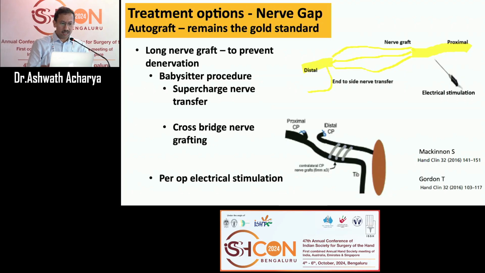More about that: when there is a long gap, we now know that there is the problem with the denervation of the distal segments. The new concept of the babysitter procedure has come up, the supercharged nerve transfer. Now that has been becoming very popular. There is also cross bridge nerve grafting, and of course electrical stimulation.